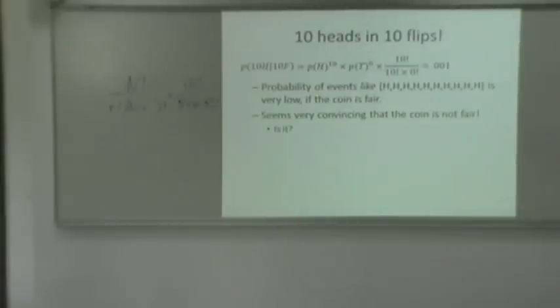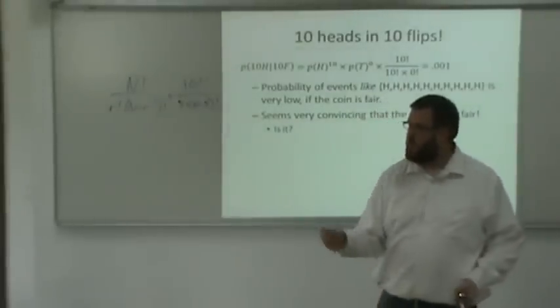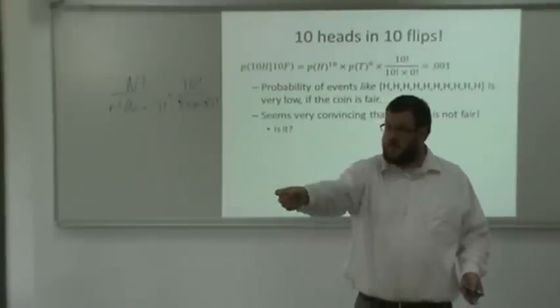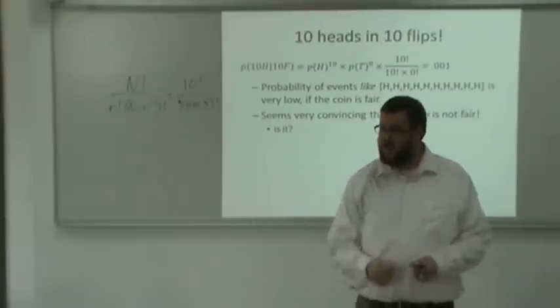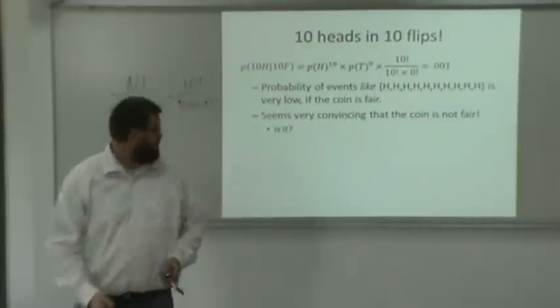So is it? Well, let's look at the event that we would expect most often. If we flip the coin 10 times, what type of event should we see more than anything else? We should see heads how many times? 5, right? The thing that we should see most often would be 5 heads.